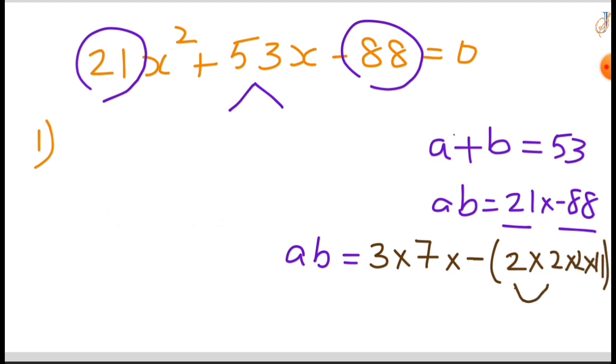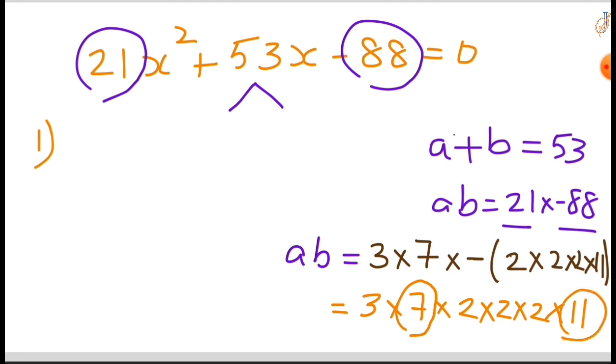That means we have 3 times 7 times 2 times 2 times 2 times 11. So if you take 7 times 11, which is 77, and then 3 times 2 times 2 times 2, which is 24, then 77 minus 24 is 53. Let's try this.